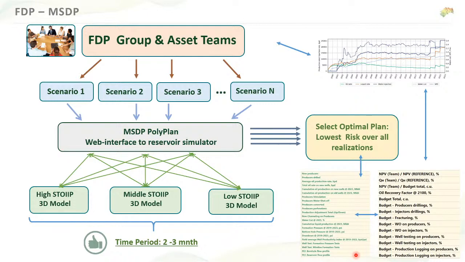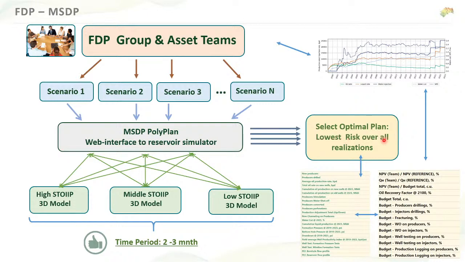So, for example, it'll see how many producers were drilled, and the total rate on the new wells, the water cuts, pressures, productivity index, all these kinds of tables are output automatically by MSDP. And then based on these, for the different scenarios, the asset team can decide to select the optimal plan.